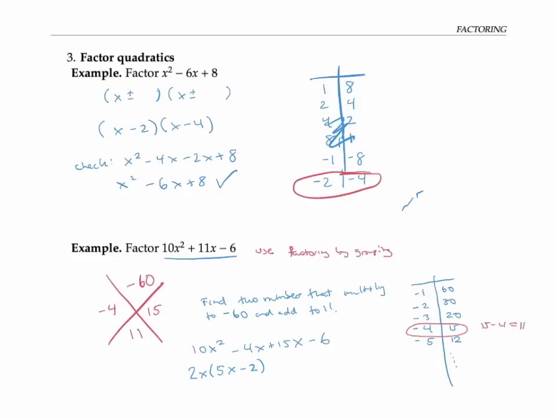And then I factor out the greatest common factor of 15x and negative 6. That would be 3. And I get a 5x minus 2 again. This is working beautifully. So I have a 5x minus 2 in each part, and so I put the 5x minus 2 on the right, and I put what's left from these terms in here, so that's 2x plus 3, and I have factored my expression.